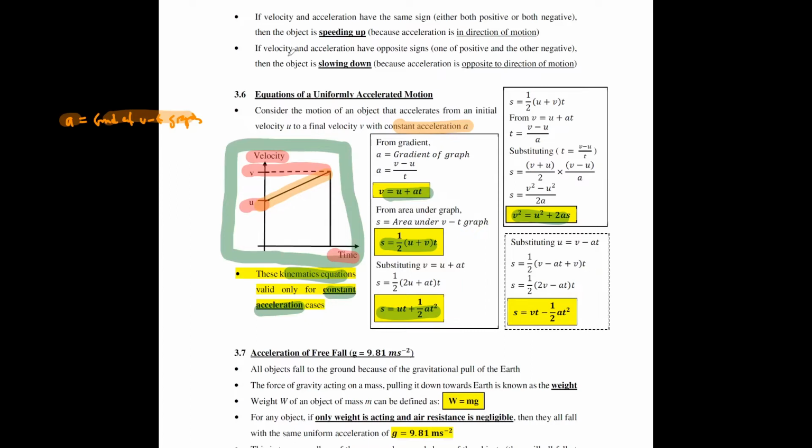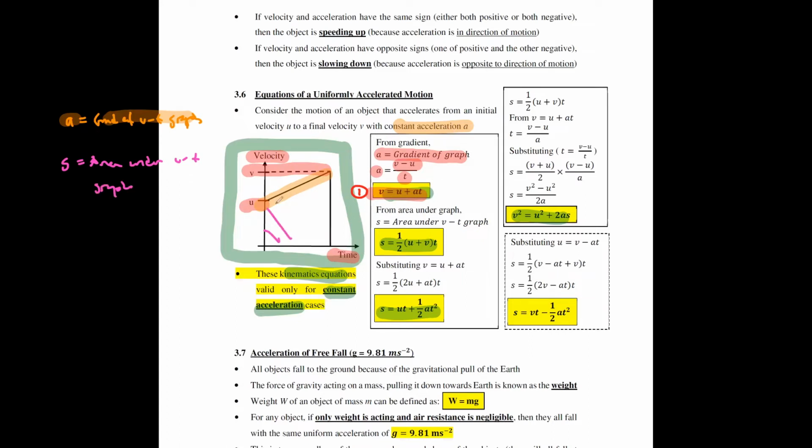The first one is actually based on the definition of acceleration from the gradient of the graph. Okay, a is equal to the gradient of the graph, which is equal to (v minus u) divided by t. So eventually you get v equals u plus at. This is the first equation derived from the gradient. Then after that, you also learn something else where we say that displacement is the area under your v-t graph.